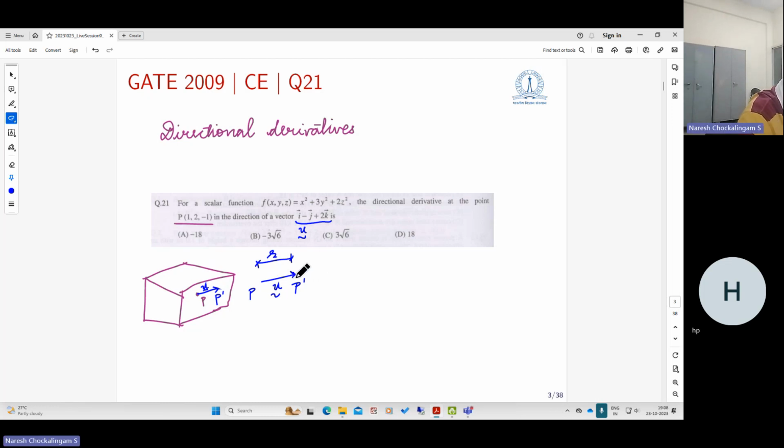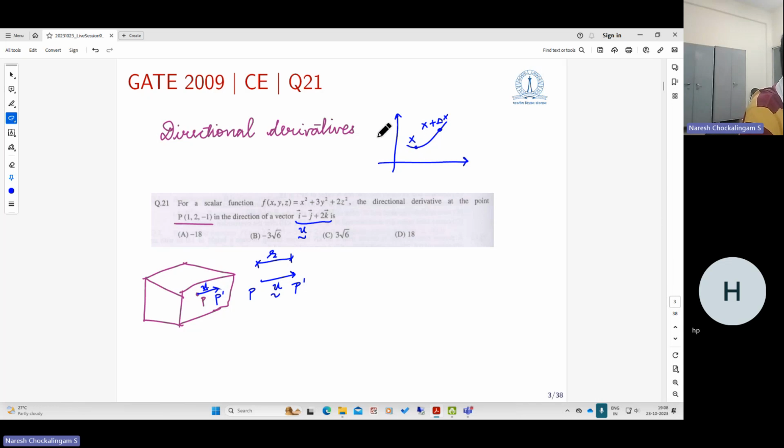How is the directional derivative defined? It is how much the function f changes in going from point P to P prime, divided by the distance moved along this direction, in the limit of the distance going to 0. You know the concept of the usual derivative. For a function of only one variable, you have x and x plus delta x.